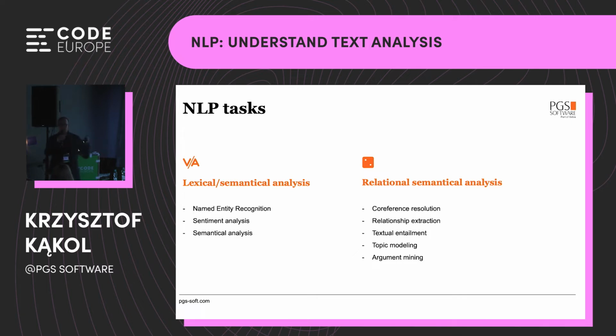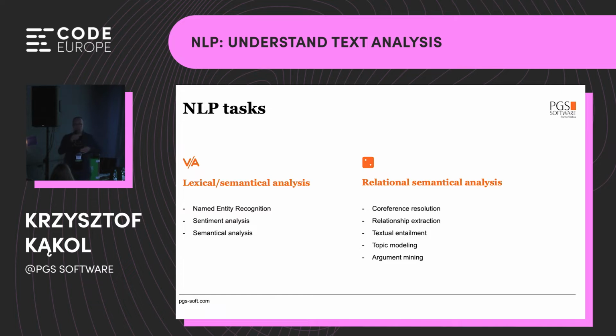Then you can have something more sophisticated, like relationship extraction. If you get a whole text about a family, then you would like to get the information who is uncle to whom, or who is father to whom, and these kinds of things can be provided by relationship extraction. Then there are some other things like textual entailment.